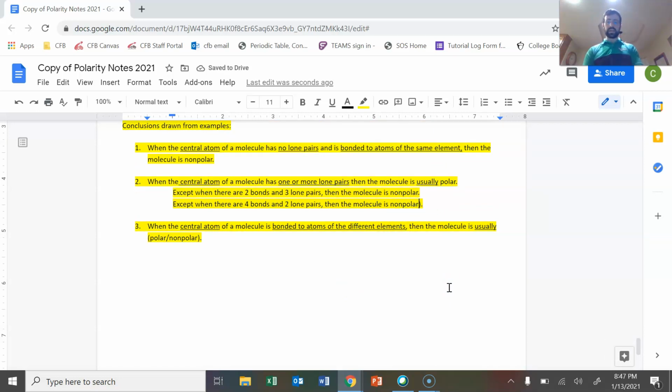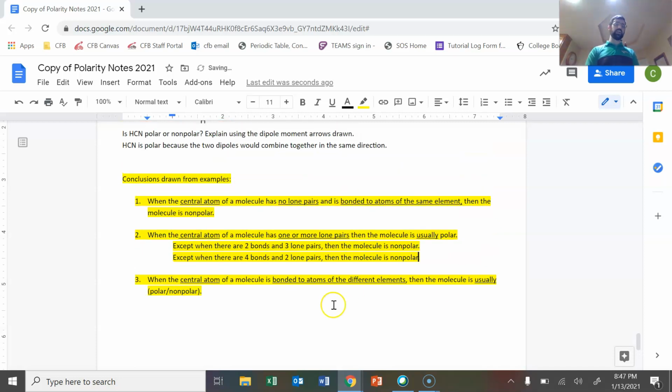And the final point, by the way, I highlighted this because if you can remember this, you'll be able to answer any questions that I can throw at you. When the central atom of a molecule is bonded to atoms of different elements, then the molecule is usually going to be polar, and you're not going to be dealing with exceptions to that in pre-AP chemistry.